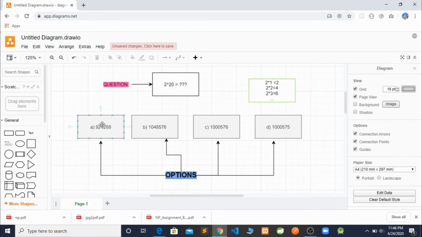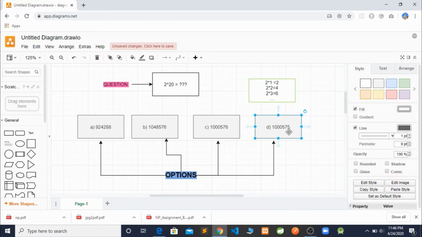When we compare here, three of them are even, but this one is odd, which is definitely not true, because any power of 2 can never give an odd number. So basically we are going to eliminate this particular option. Let me select a color, and yes, this is eliminated now.